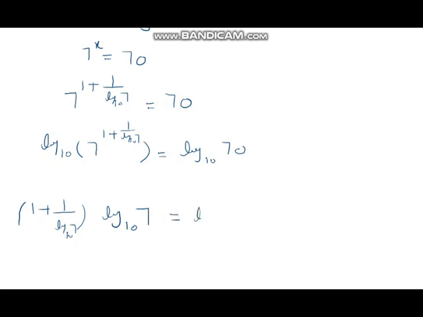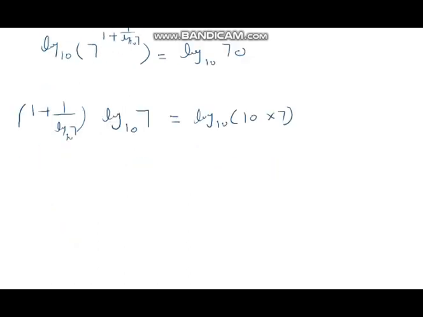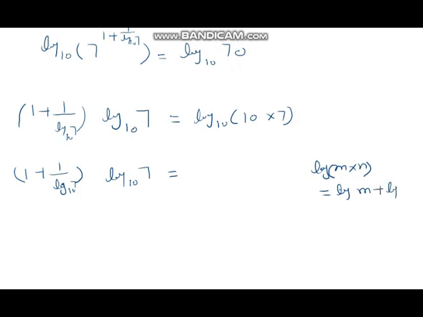Here 70 can be written as 10 times 7. So (1 + 1/log base 10 of 7) log base 10 of 7 is equal to, here again we will apply a log rule: log of m times n can be written as log of m plus log of n.